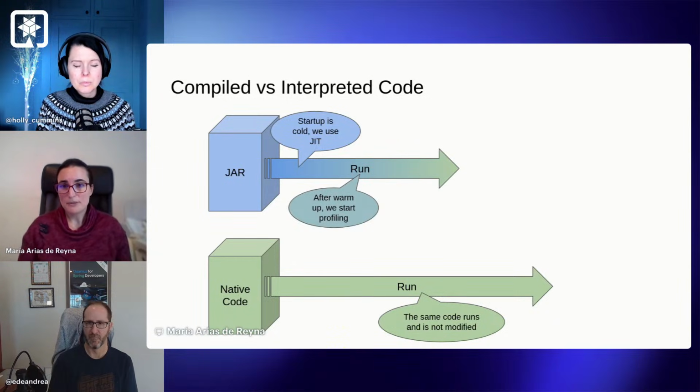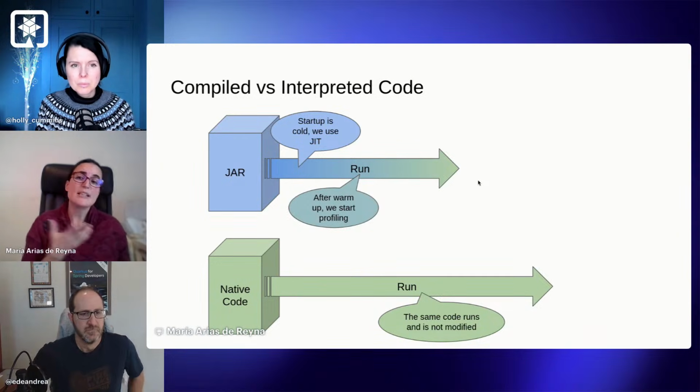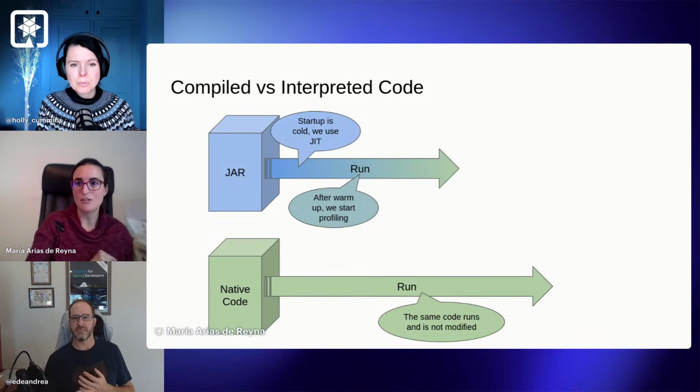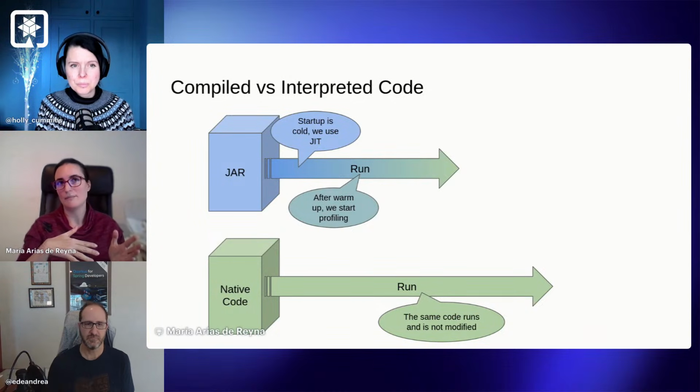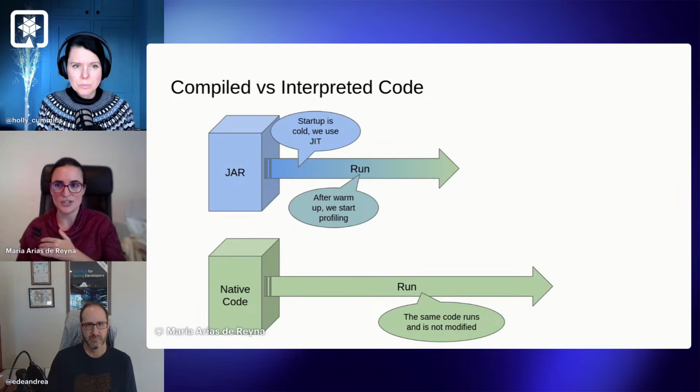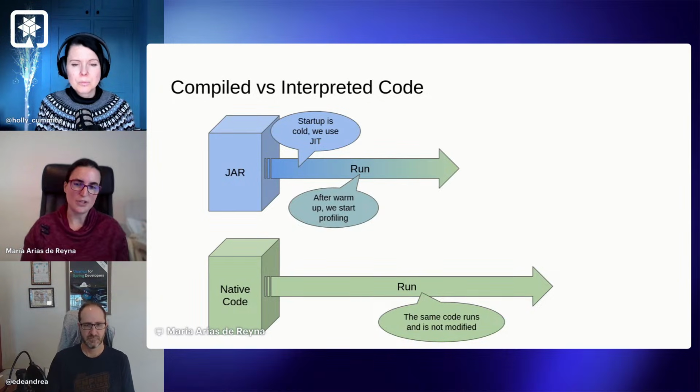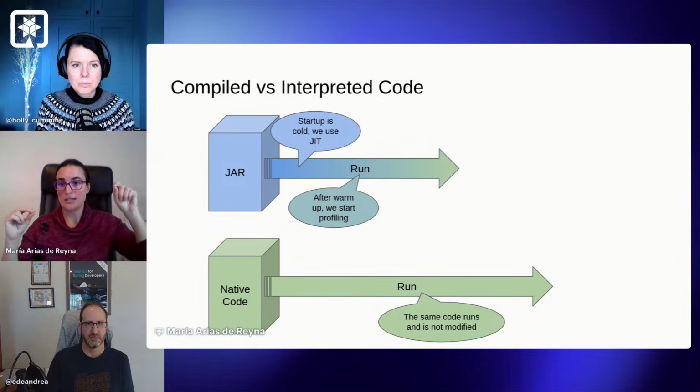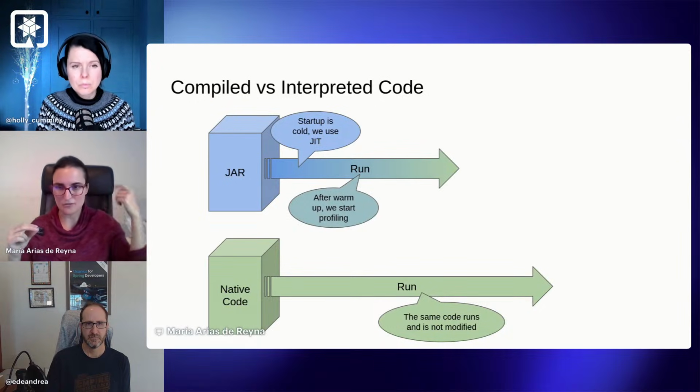After the warmup, the Java virtual machine knows that this is not a very efficient way. It's efficient compared to what interpreted languages did 30 years ago, but it's not very efficient compared to native code. So it starts profiling the methods. When you run a method for the first time, it creates a method counter: this was run one time, then 2 times, 3 times, 100 times, 1,000 times.